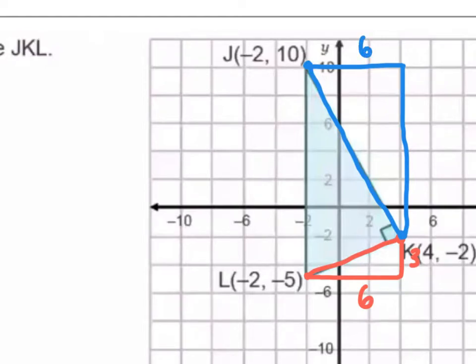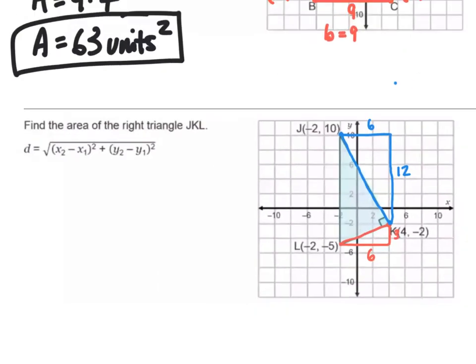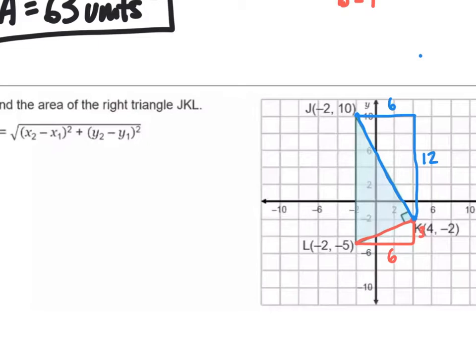And then I'm going from this y value of 10 all the way down to a y value of -2, so this length is going to be 12. Now that I have those lengths, I can evaluate this.